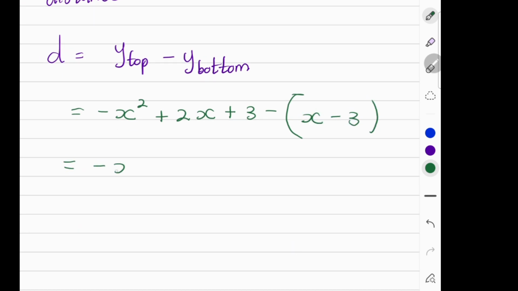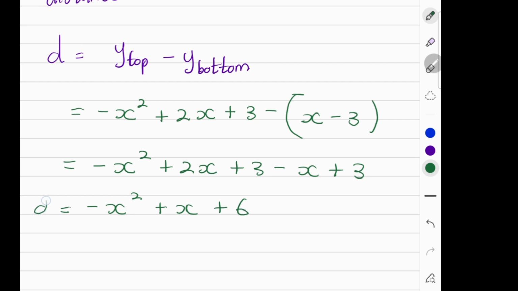Then we can just clean this up a little bit. Plus 3 minus x plus 3, right? So this is minus x squared, and then 2x minus x gives us plus x, and then 3 plus 3 gives me 6. So our distance is given by this function here.